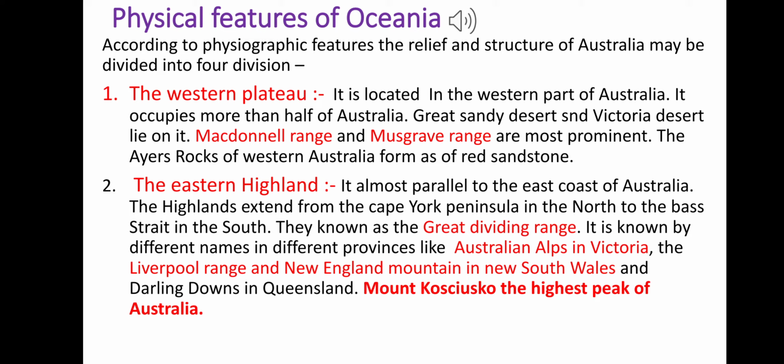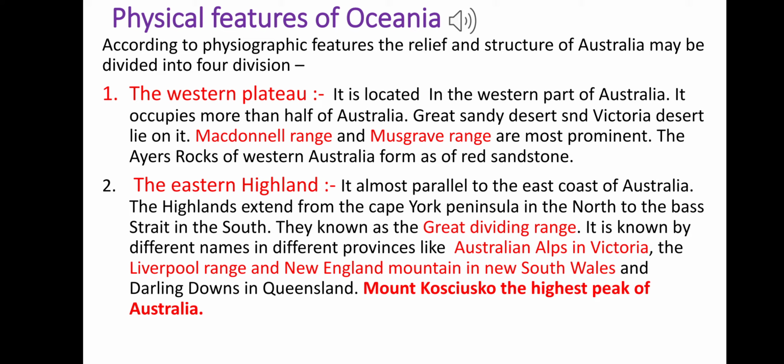Our next point is the Eastern Highland. The Eastern Highland lies almost parallel to the east coast of Australia. The highland extends from the Cape York Peninsula in the north to the Bass Strait in the south, that means Tasmania.